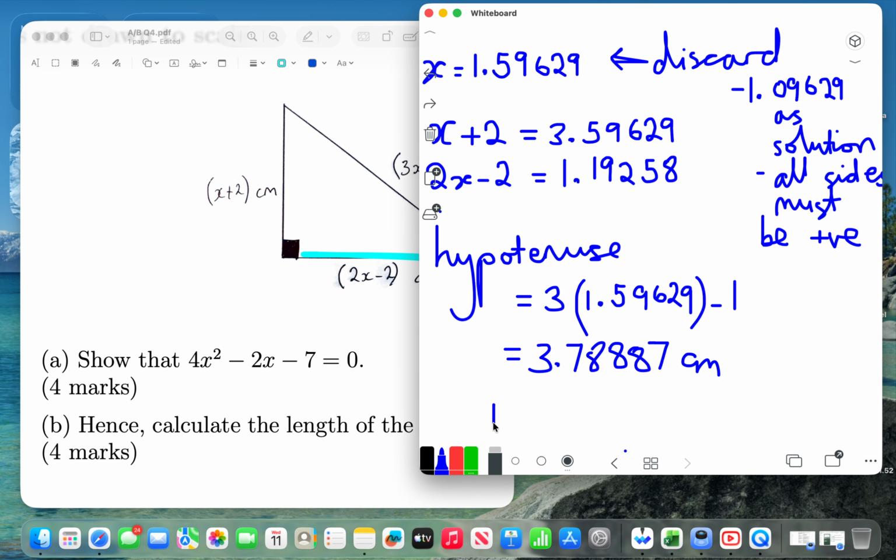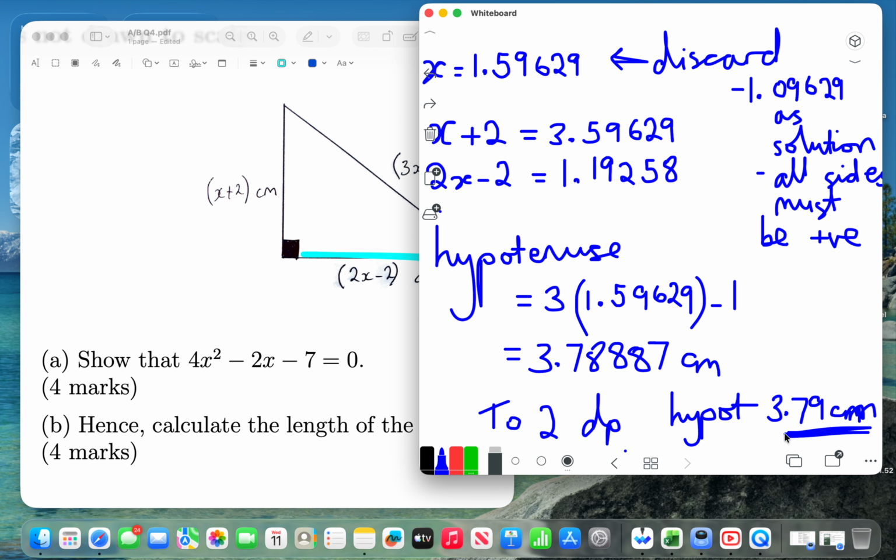And let's do it to 2 decimal places. We have the hypotenuse, so hypot is 3.78887, rounding up to 3.79 centimeters.